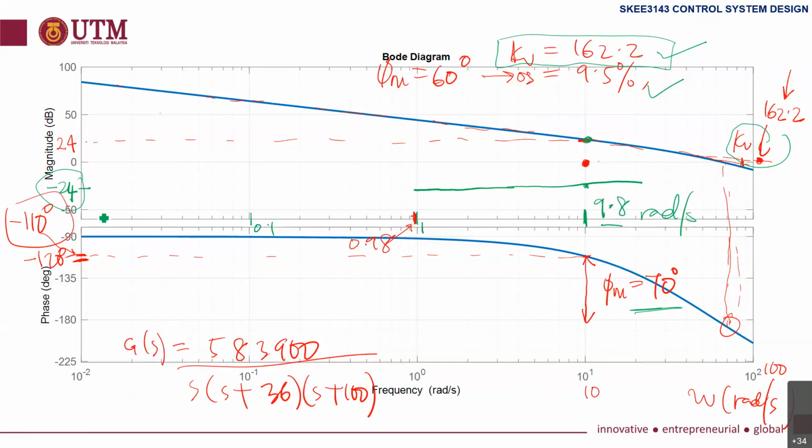Then we proceed. We need to make a line until 0 dB, a line like this.